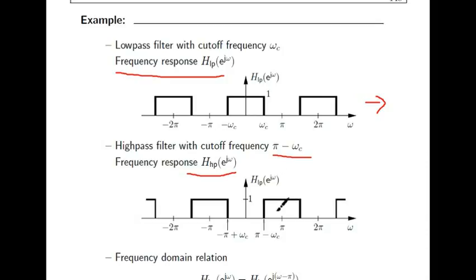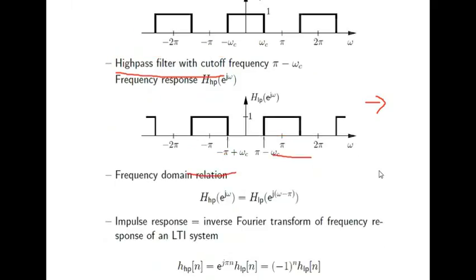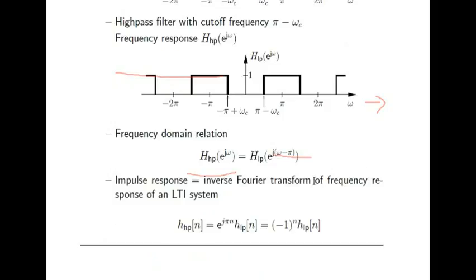So the relation between them in the frequency domain is that H HP of e to the power j omega equals H LP of e to the power j omega minus pi.